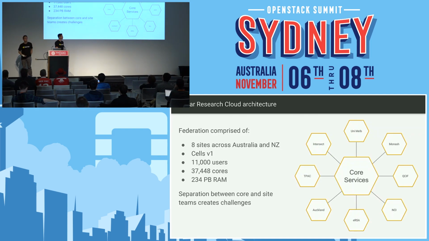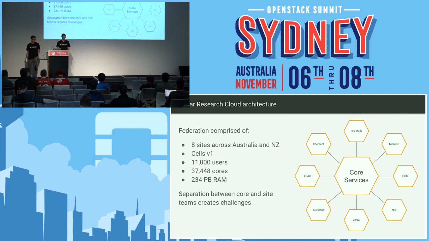So this is a very simple diagram of our architecture. We're a federation, so we as core services are the central body that ties the federation together, and we've got 8 sites across Australia and New Zealand. We're running a Cells v1 architecture, and you've got some numbers there: 11,000 users, 37,500 cores, and 234 petabytes of RAM.